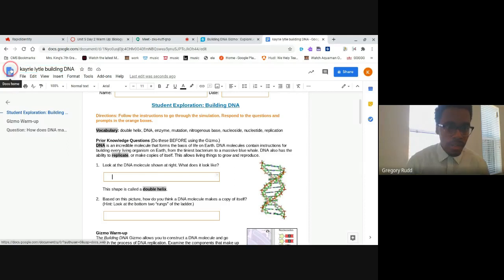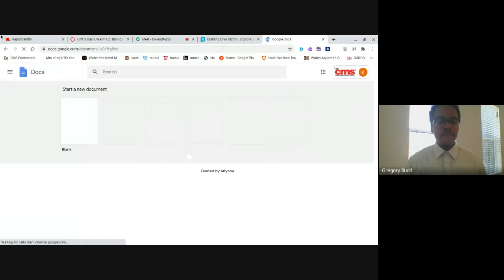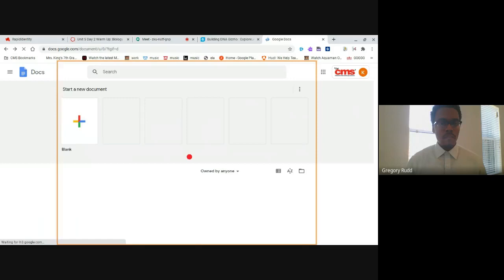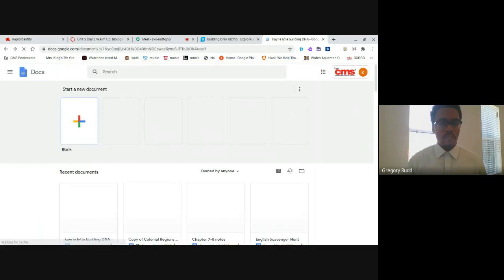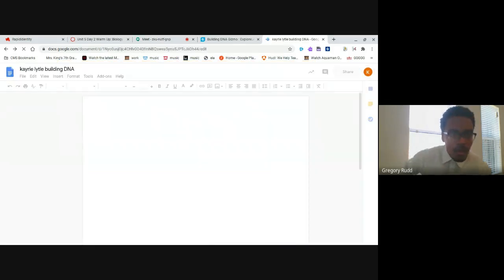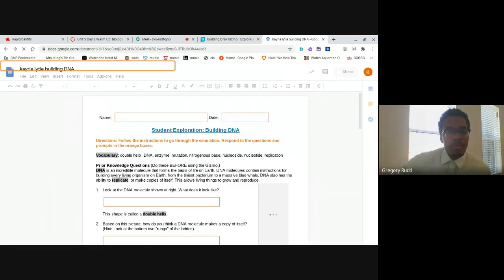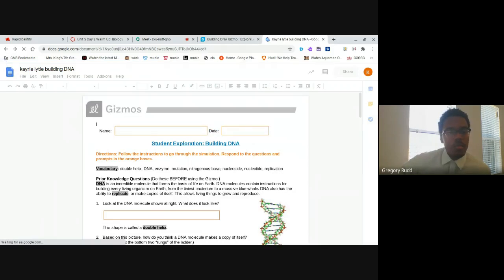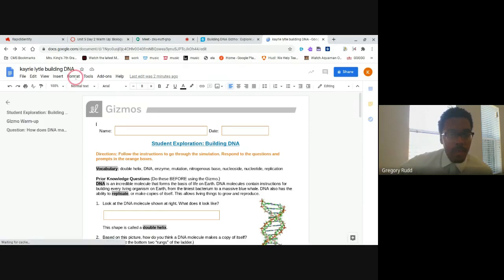And then do you see that little folder there, Kyrie? That's just to the right of your, no, not that. Go back. Do you see the star at the top that's right next to the Kyrie Little building DNA?